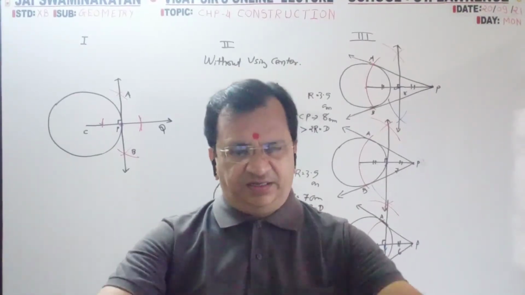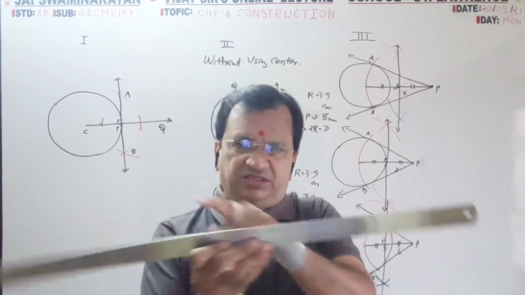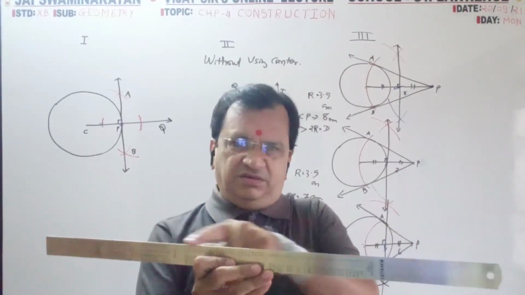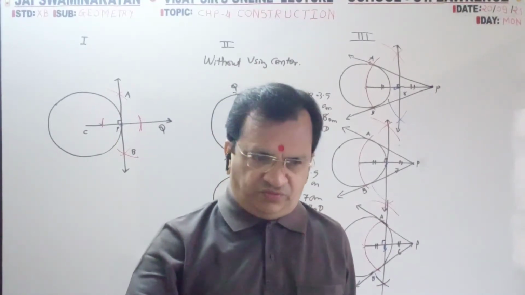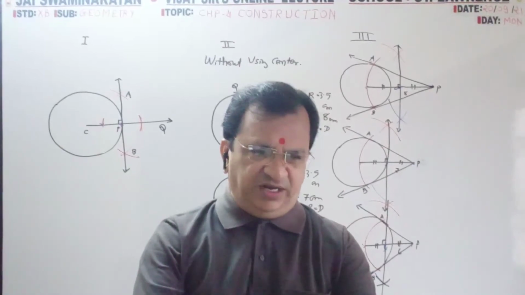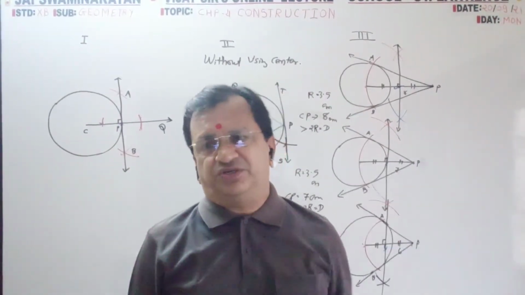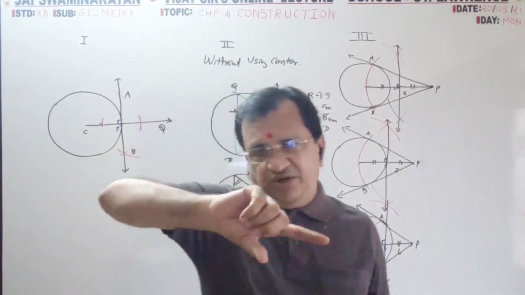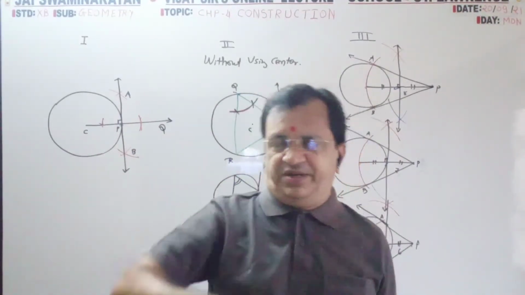If you are using the scale, this way or this way, don't rub the pencil both ways. Second, when you are using an arc, this way opposite to the body, single. If you have done this mark, don't repeat.